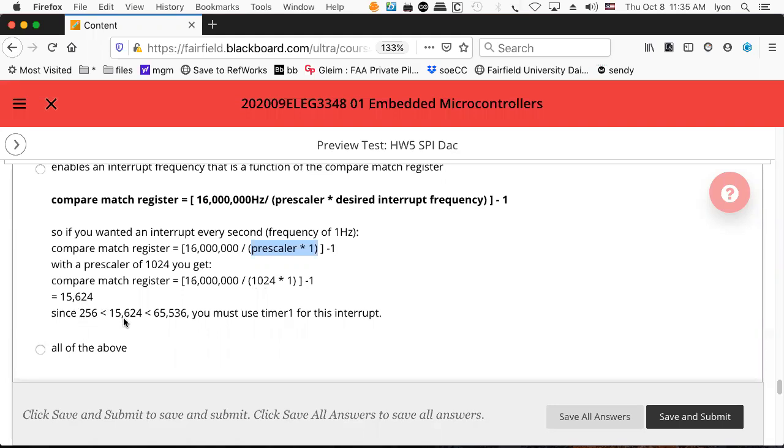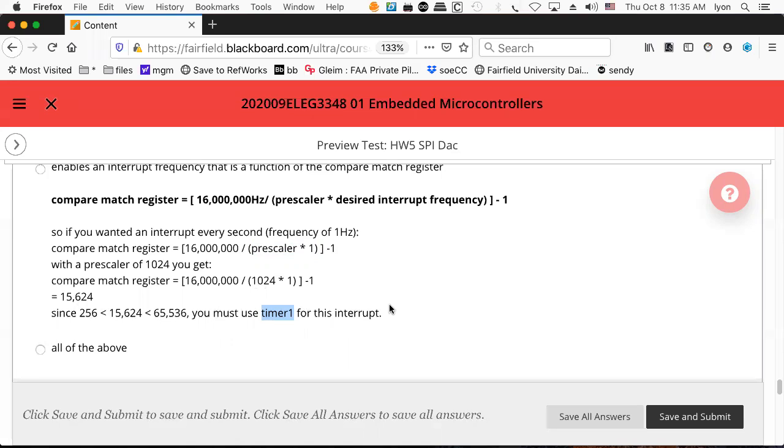And since 15,624 is between 256, which is an 8-bit timer, and 64K, which is a 16-bit timer, you must use timer 1 for this interrupt because timer 1 is our 16-bit timer. Timer 0 is an 8-bit timer. That's why we're disabling timer 0 and using timer 1.